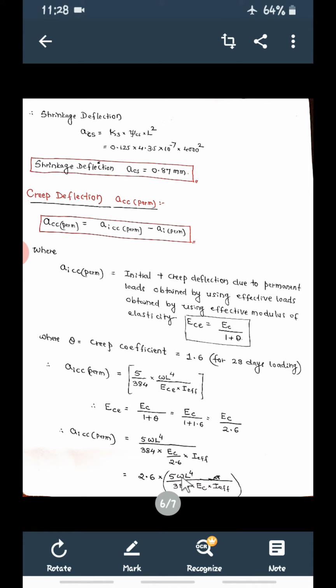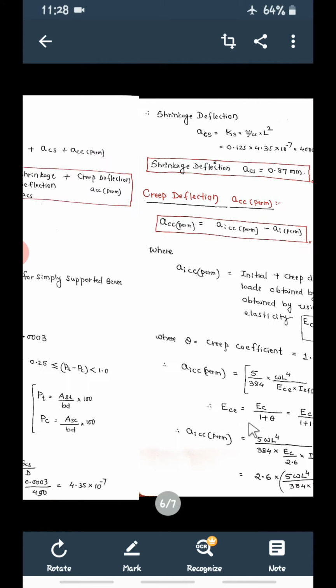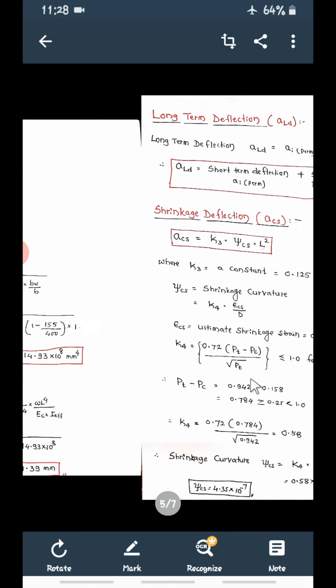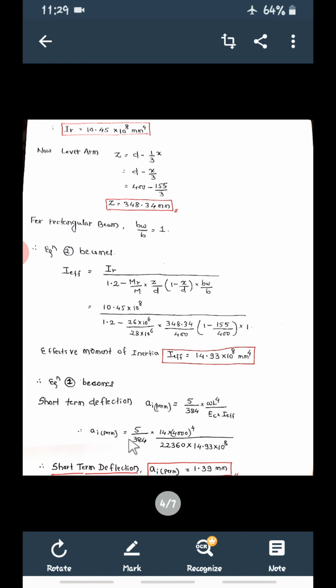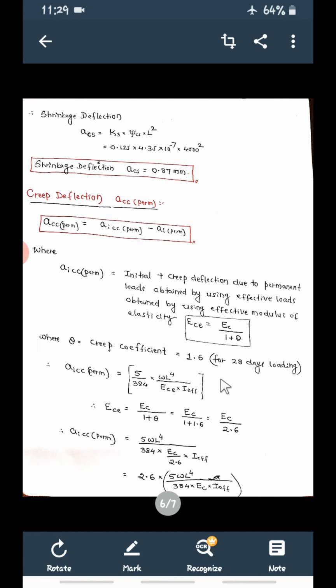This is nothing but short term deflection, already we have calculated this here. So 2.6 goes top, 2.6 into this term, which is short term deflection.